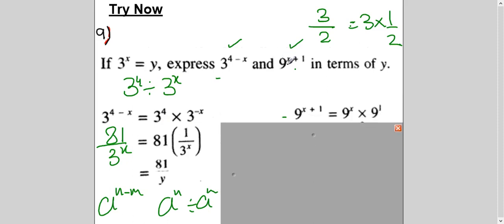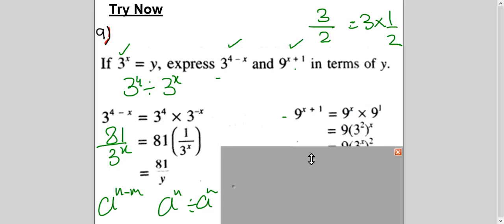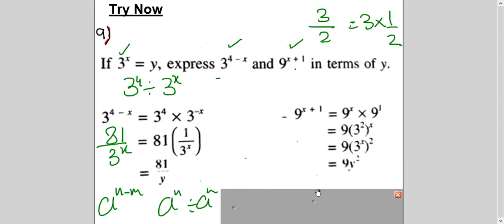Now, in this expression, we have multiplication by 9 power 1, and we have to change it into 3 power x. So 9 will be changed into 3 square, and then interchange the powers, and then 3 power x is y. So with this, the video and the concept ends, and please try and do more practice of these questions.